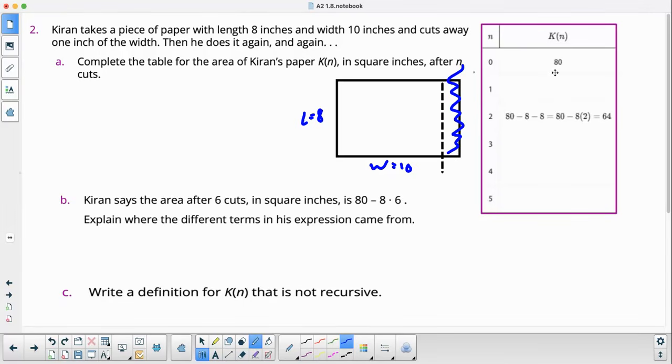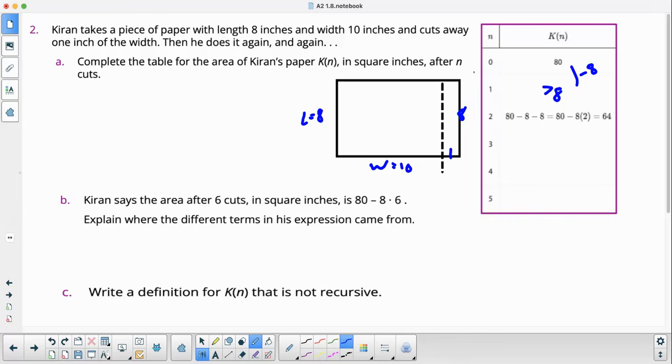So he starts out with 80. He cuts it once. He's going to be down to, let's see here, 78, right? Because he cut off this little strip here. And what was the area of this strip? Well, it was 1 times 8. So it's like he subtracted 8 from here.